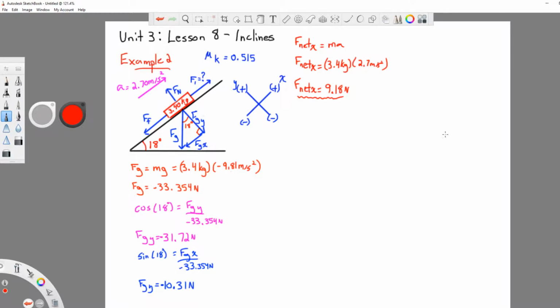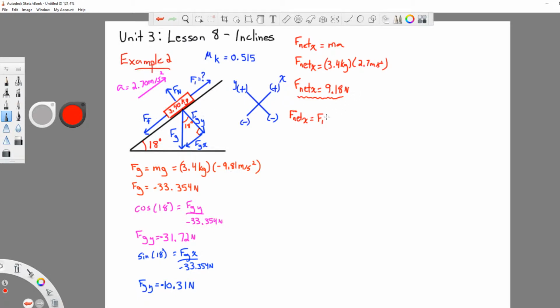Now we can use that second F net formula to figure out the second part of this. I think I'll just keep using red. F net in the x direction is equal to the sum of all these forces in the x direction. So moving upwards, we've got our unknown force, right? We've got force 1, which is what we're trying to solve for.